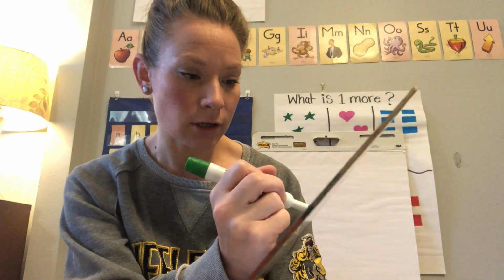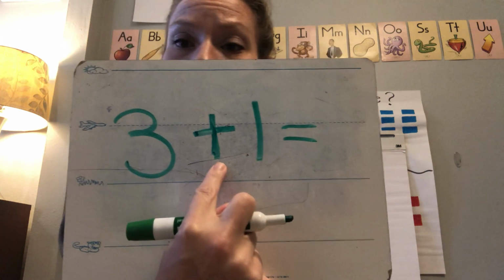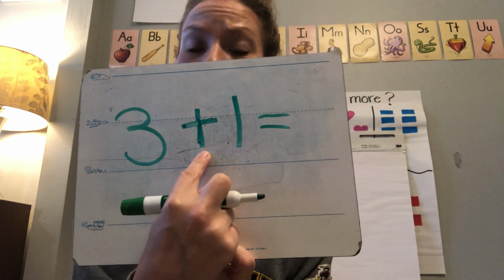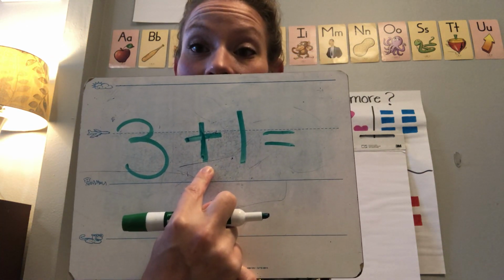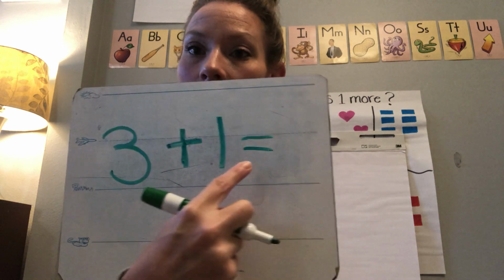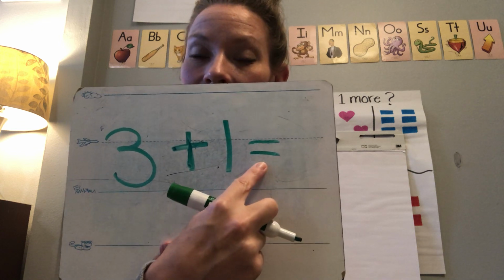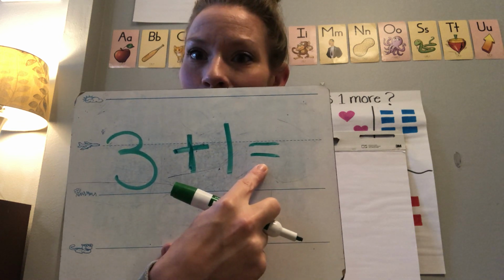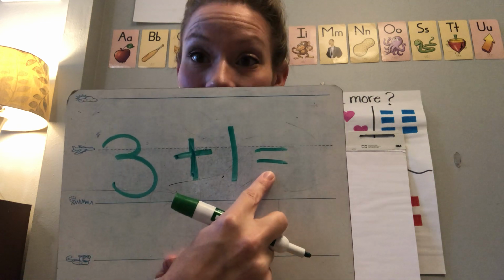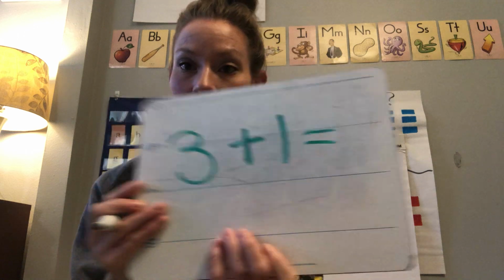This symbol might look like a lowercase t to you, but it's not. It's called a plus sign. Then I picked another number, 1. At the end of our addition sentence or problem, it has this symbol. What is this symbol? The equal to sign. Very good. So we've already learned that. Now this is what an addition problem looks like.